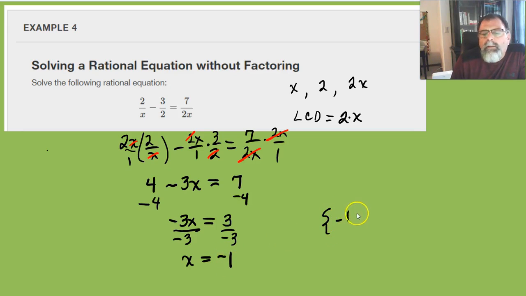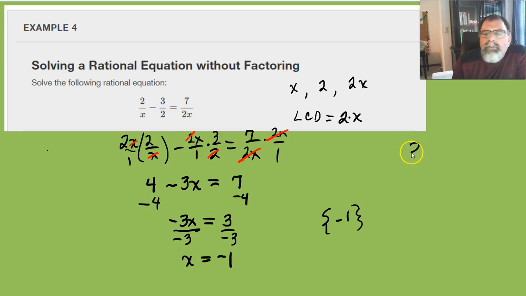Oh, before I do this, I guess you've got to remember that in the original problem, anything that makes the denominator 0, you're not allowed to use. So you have to check before you say this, that this solution doesn't result in a 0 in any denominator.